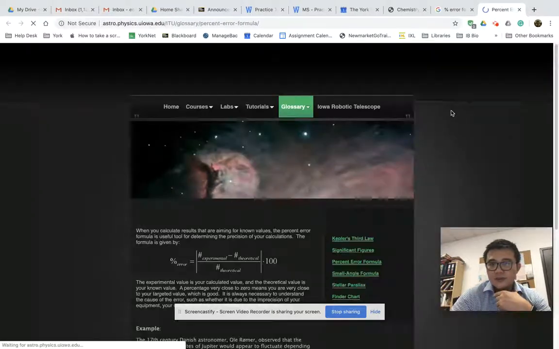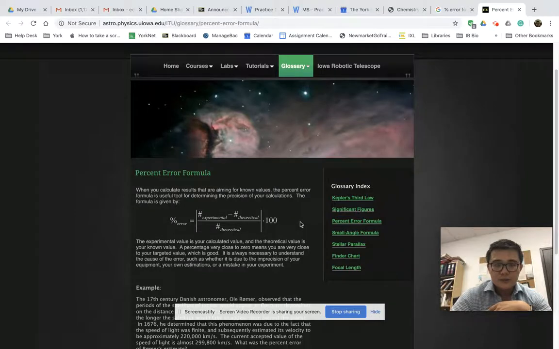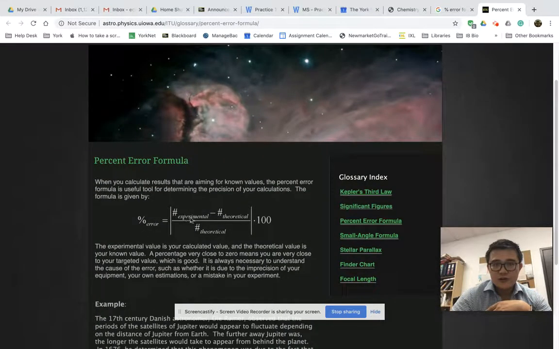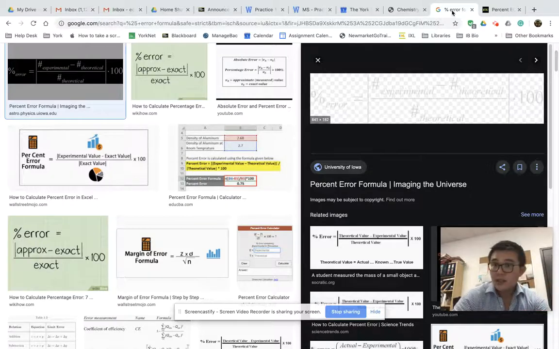I don't know if you can see it that clearly. Here, percentage error is your experimental value minus your theoretical value, the one coming from the book or the literature, divided by the theoretical value times 100. Keep in mind it's an absolute sign, which means you cannot have a negative number. It's just how off you are. So that's quite a bit.